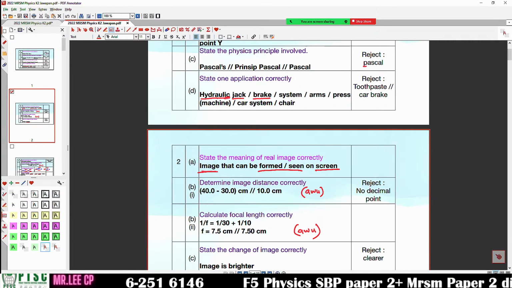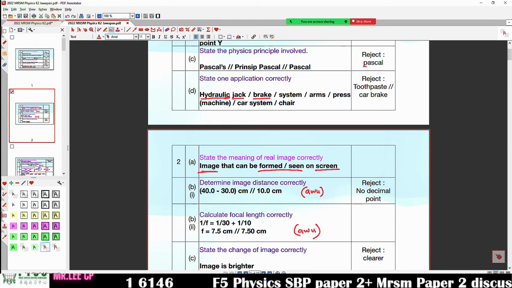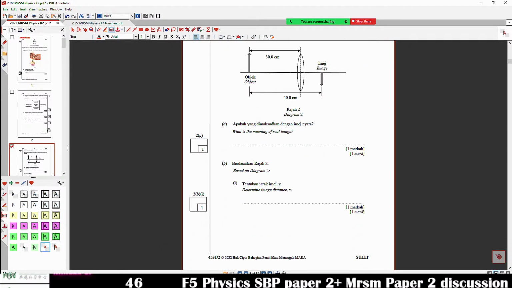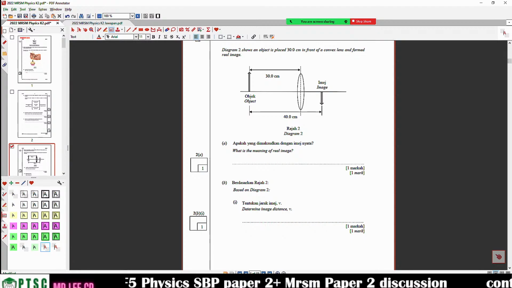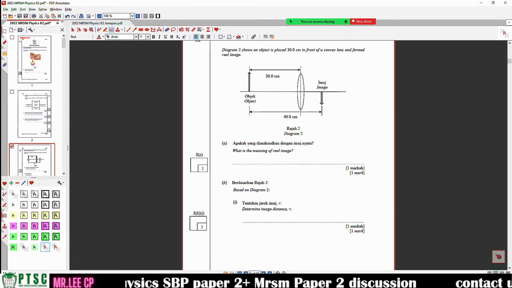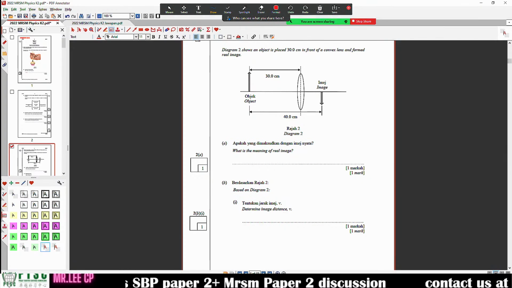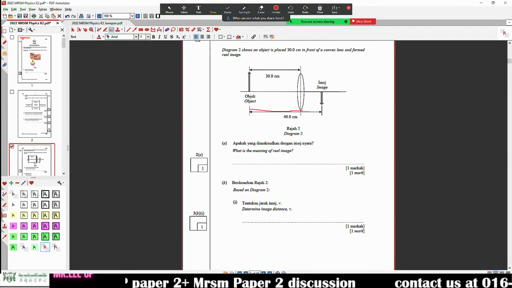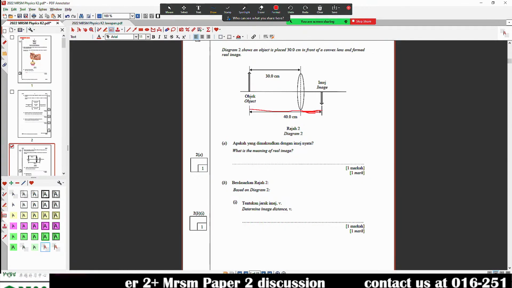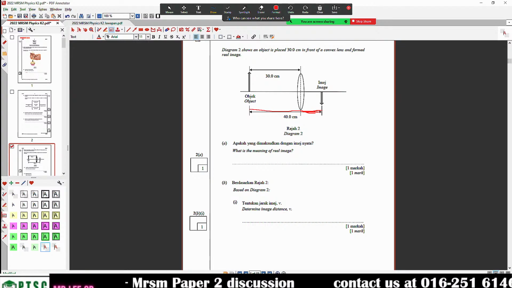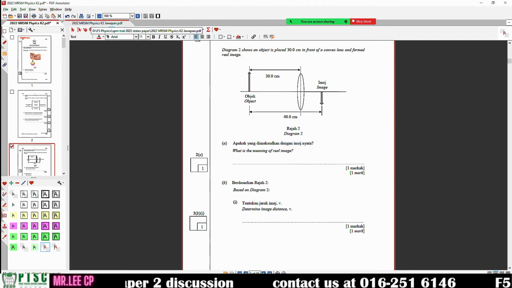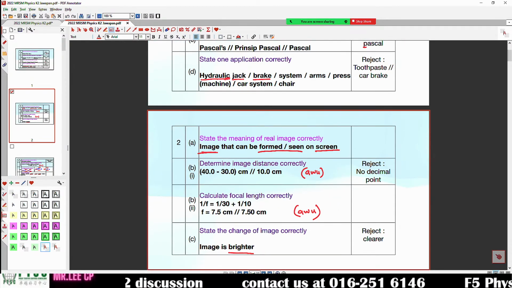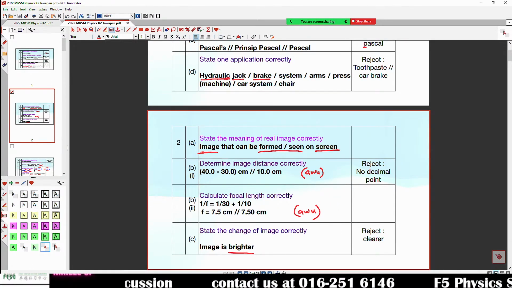Alright, next one. Determine the image distance v. So this image is here, it is 30. Here it is 30. Here it is 30. So here will be 10. 40 minus 30, it is 10. Alright, 10. But no decimal point, rejected.